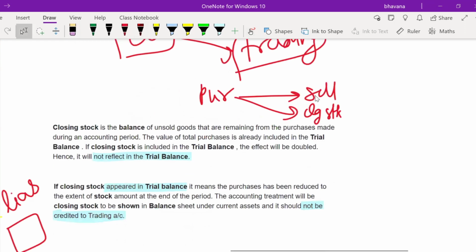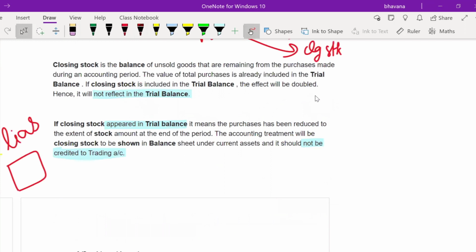Okay. So here they tell you that closing stock is the balance of unsold goods that are remaining from the purchases made. Whatever is left, whatever is not sold, will be your closing stock. The value of total purchases is already included in the trial balance. So if you go and see the trial balance, already the value of total purchases is included there.